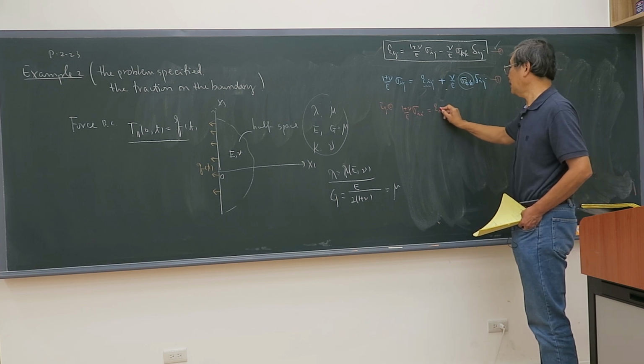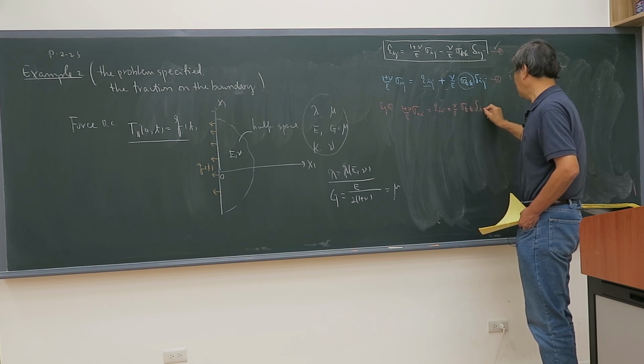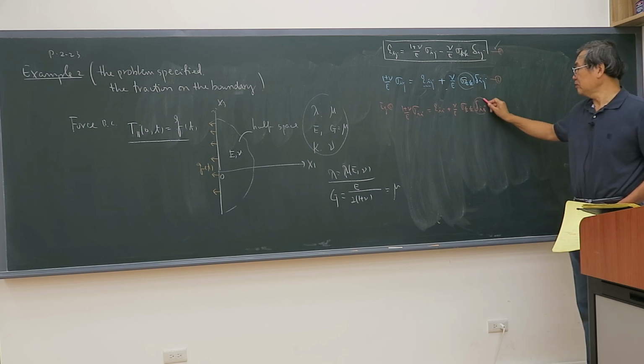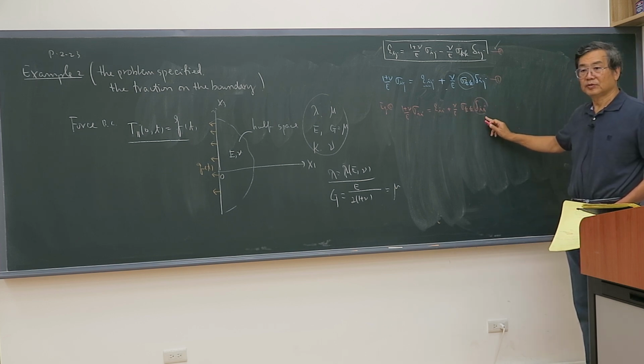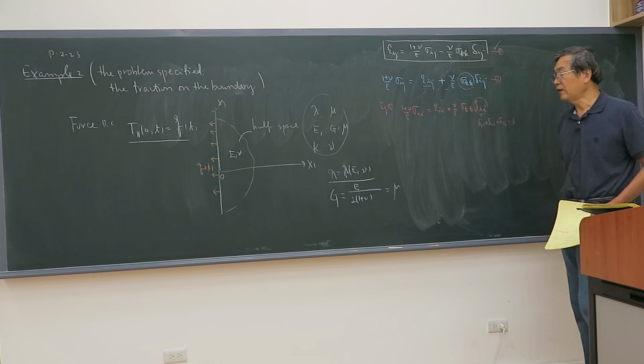is equal to εii plus ν/E σkk δii, with j changed to i. And δii is equal to how much? 1 plus 2 plus 3 equals 3. Alright?